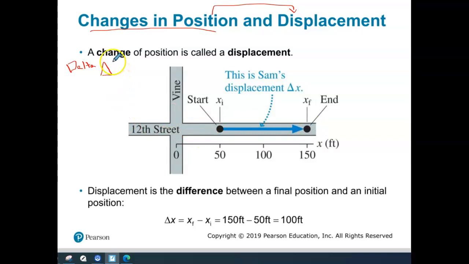This is a horizontal position, so that's why it's called change in x. If it was rotated 90 degrees and it was going vertically, so if the object maybe was starting at this intersection and going along that red arrow, that would be change in y. We can measure the change in time, we can measure the change in temperature, so there are lots of different things we can measure change in.